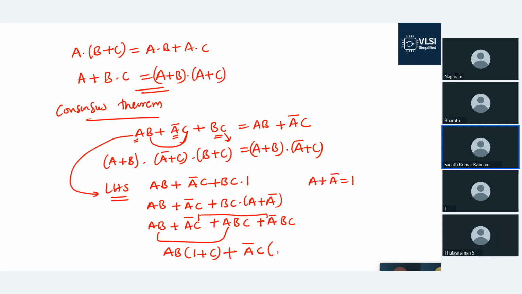You will get 1 plus B. So this you can write as AB and 1, A bar C and 1. You know that from OR law, we already see A or 1 equal to what? 1. And from AND law, A and 1 equal to A. So this is AB or A bar C.